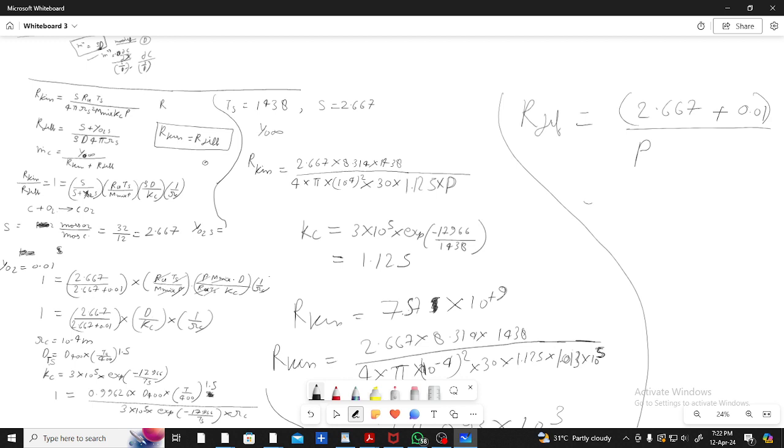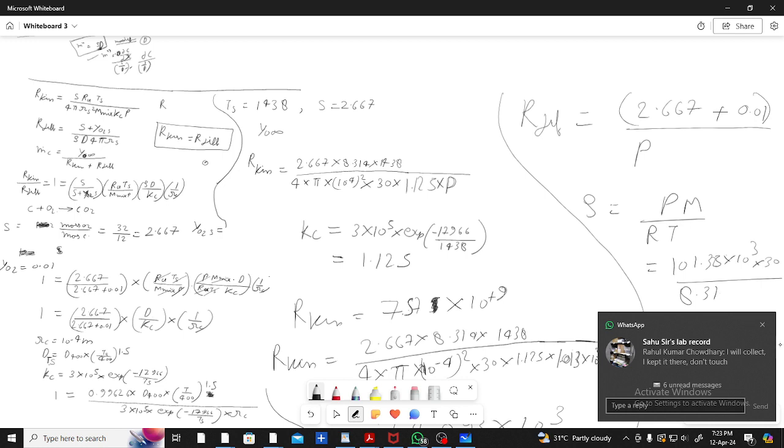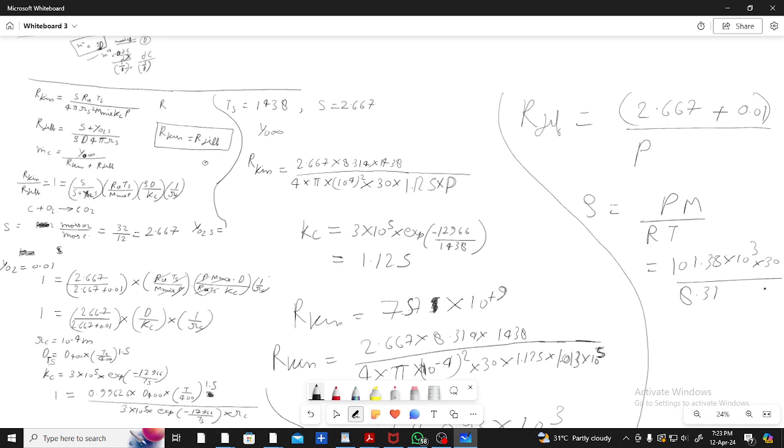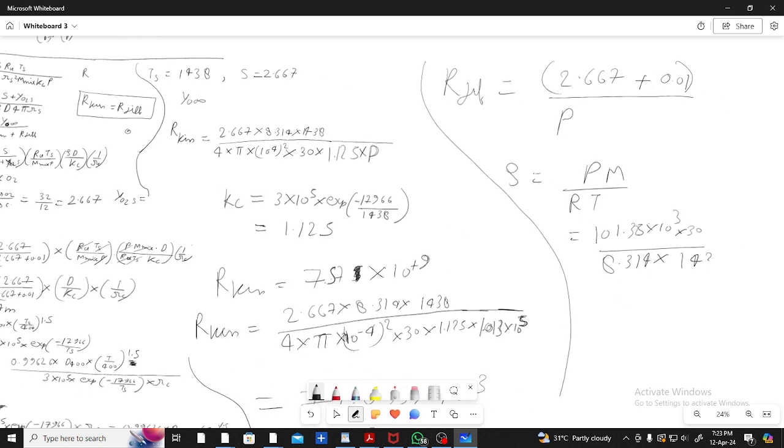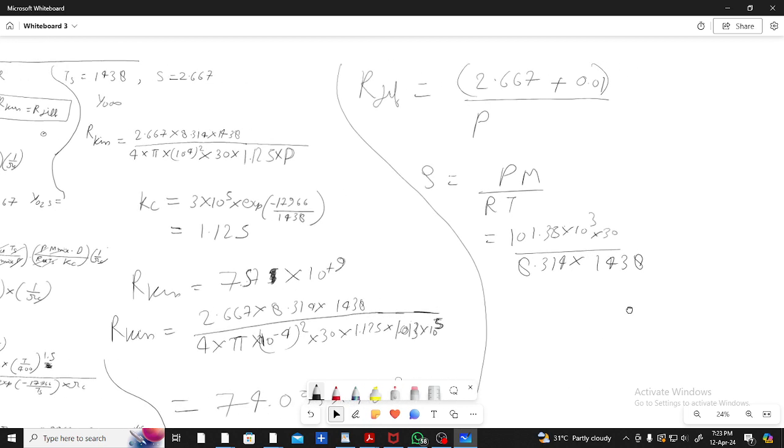So just calculate the density. Can you calculate the density rho? 0.2542. That's what you are getting.